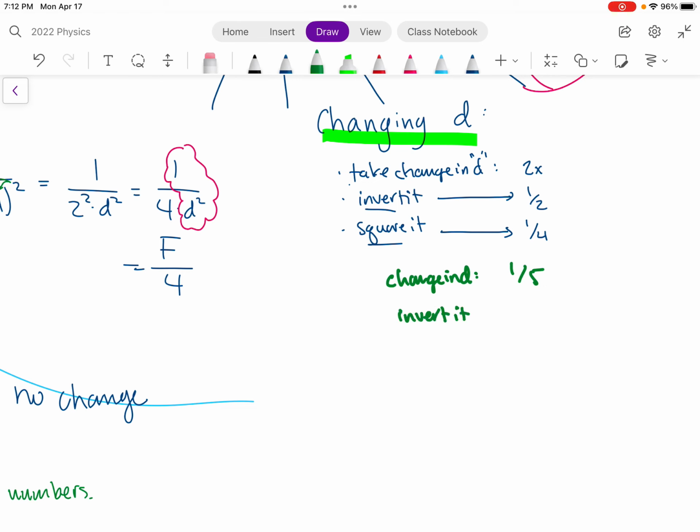Now, a reminder, if you get a smaller distance, you should get bigger force. So inverting it, we'd have 5 over 1, but we'll just put 5. And then if we square it, we'd have 25. So 1/5 the distance gives you 25 times the force. You're bringing it close, and you're going to get a lot more force because of that.